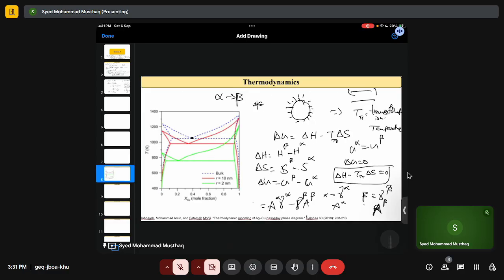So what is happening here? You can see my liquid phase was first here, then it came to here, then it came to here. So what is happening? So my eutectic point is shifting. Eutectic point is shifting.